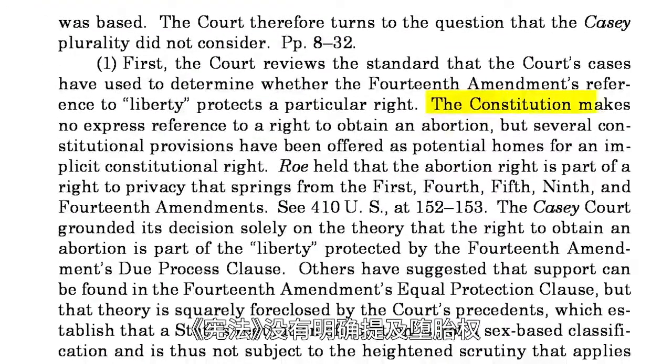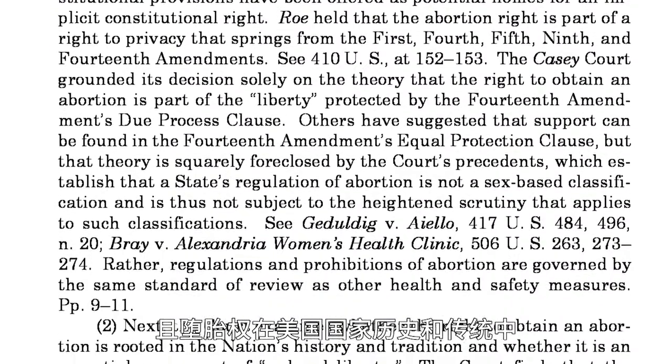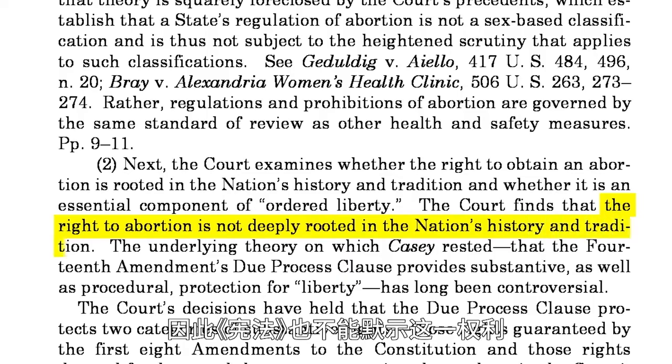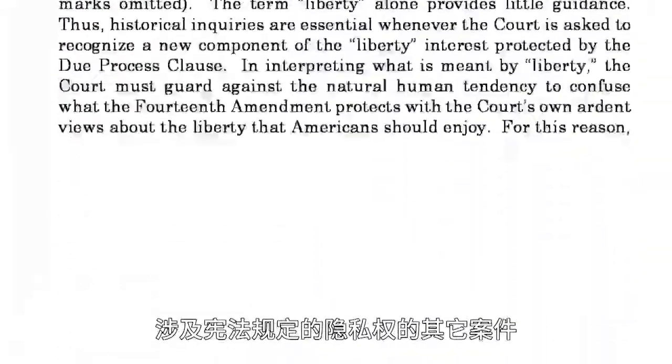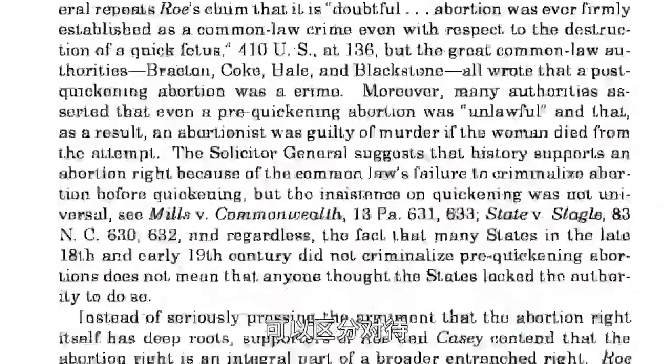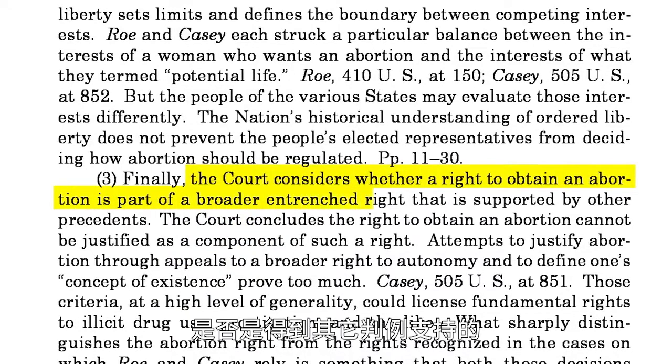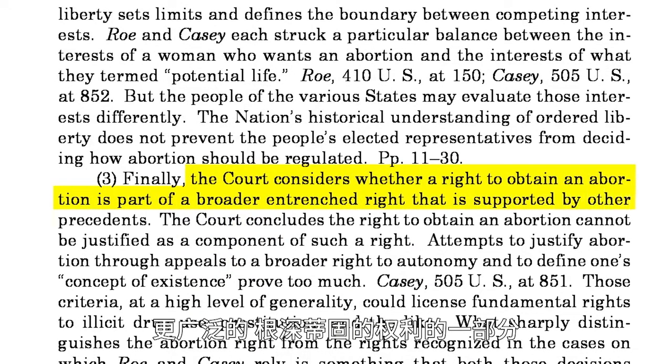The Constitution makes no express reference to a right to obtain an abortion, and such a right could not be implied into the Constitution as the right to abortion is not deeply rooted in the nation's history and tradition. Other cases where the Supreme Court had found there to be a constitutional right to privacy could be distinguished. The court considered whether a right to obtain an abortion is part of a broader, entrenched right that is supported by other precedents.